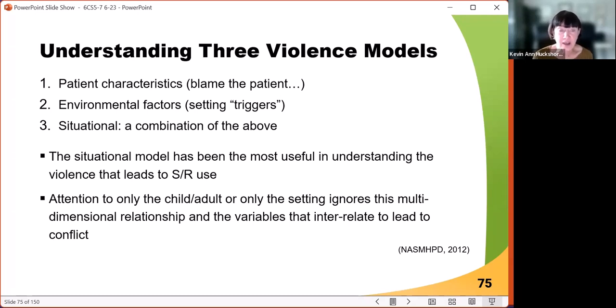The next violence model was the belief, and still is around also, that when you take someone and put them in a facility that's institutional, involuntary, and removes their rights and locks them in, that alone are the triggers that cause regular people to get very, very angry.